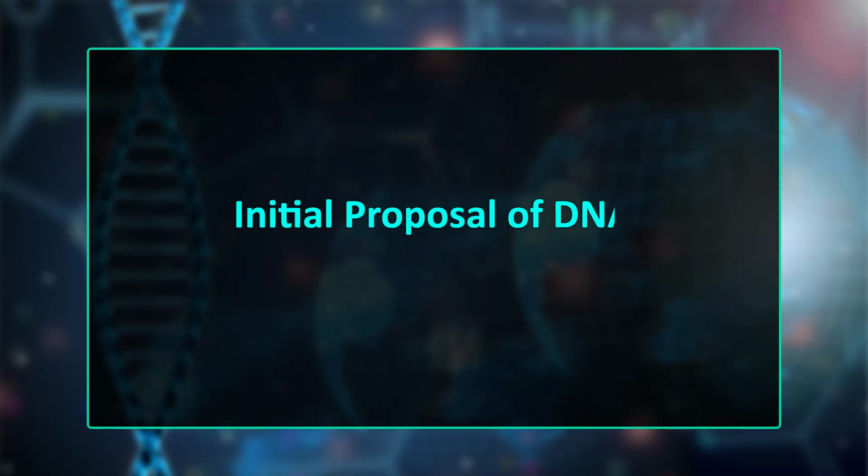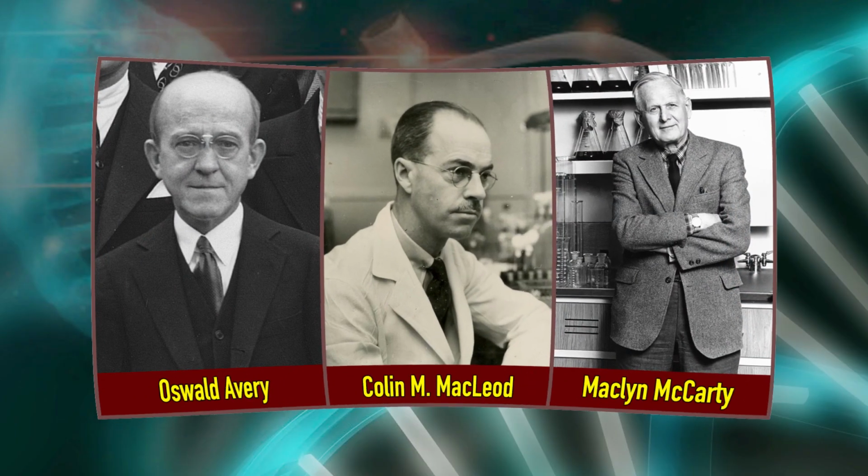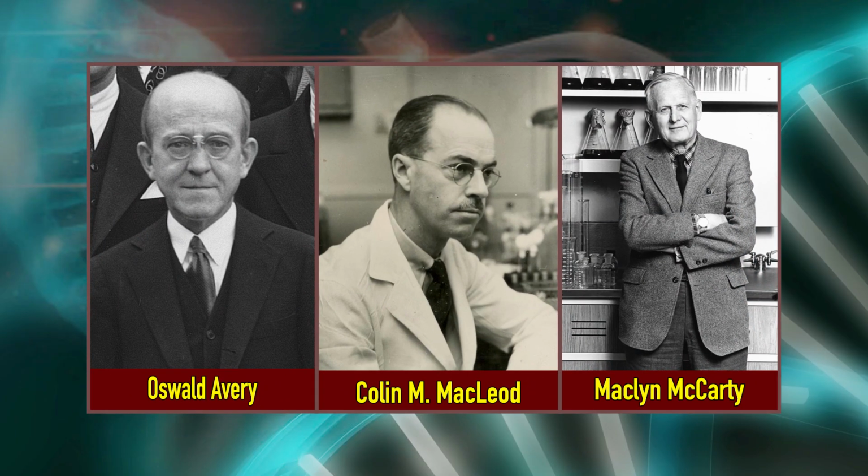Let us now discuss the initial proposal of DNA structure. In 1944, Canadian-born American bacteriologist Oswald Avery and American biologists Maclyn McCarty and Colin MacLeod reported that the transforming substance, the genetic material of the cell, was DNA.